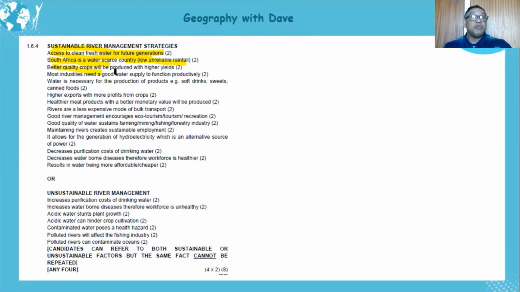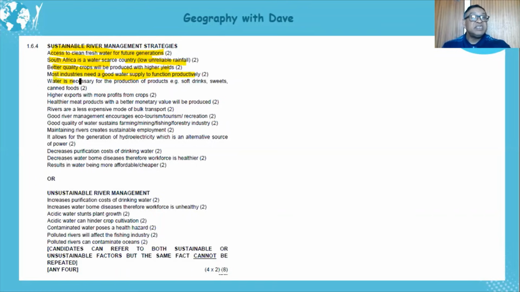Better quality of crops will be produced with higher yields. If you have good water supply, crops that need water, basically all crops do, at certain times some need more, will grow better. Most industries need a good supply of water for productivity, cooling of the furnaces, cleaning up. You understand, water is used in so many places.